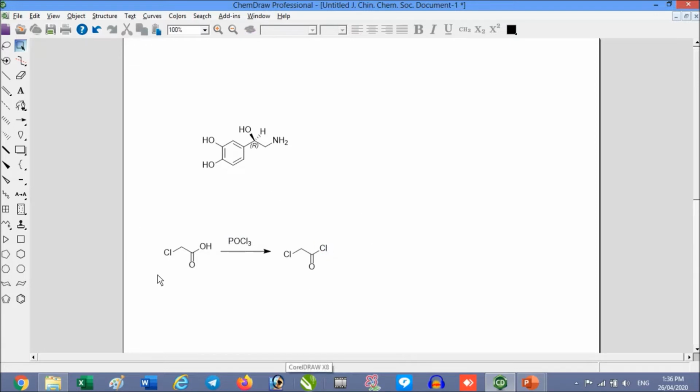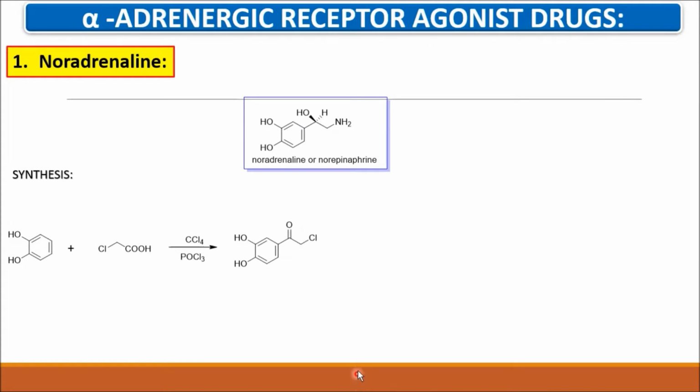So an acid chloride is forming. This acid chloride can be involved in the Friedel-Crafts acylation reaction, so that's why this compound has been obtained. Now this compound on treating with ammonia, loss of chlorine and hydrogen in the form of HCl, gives the compound with the NH2 group.